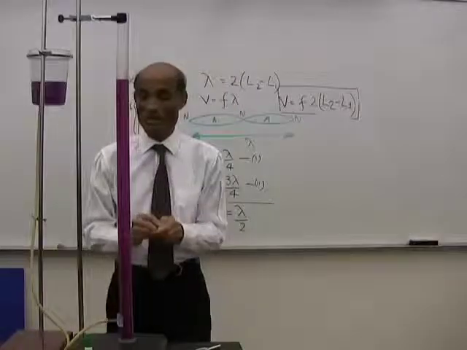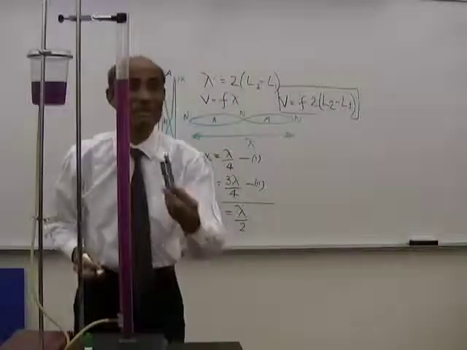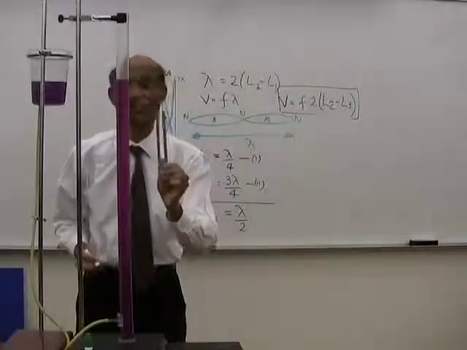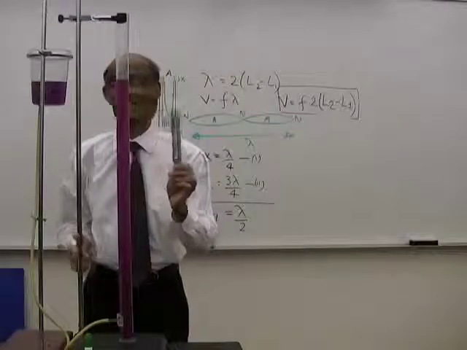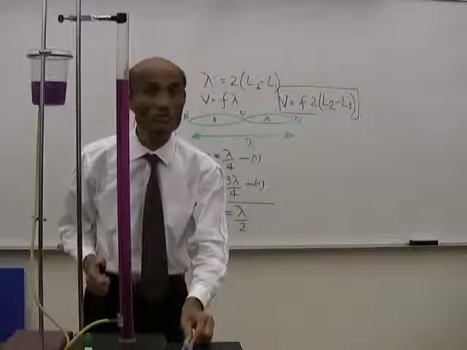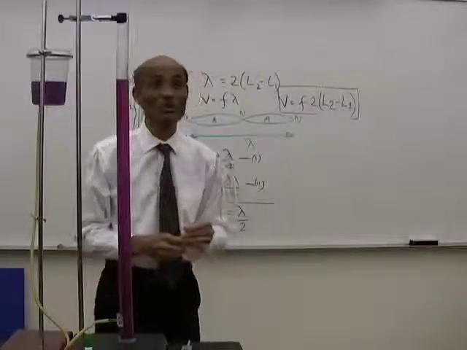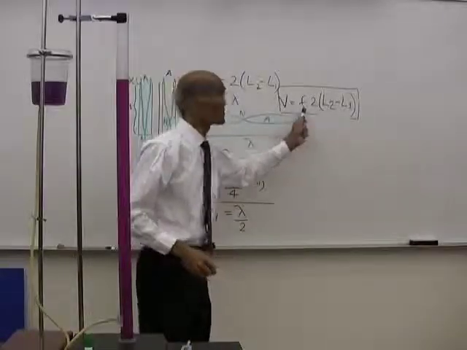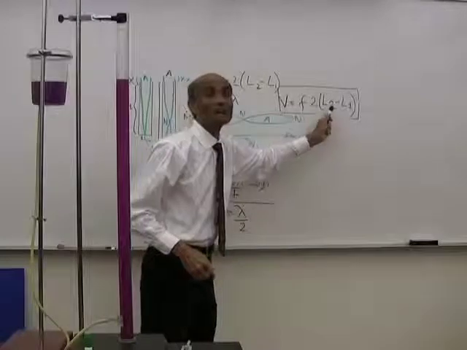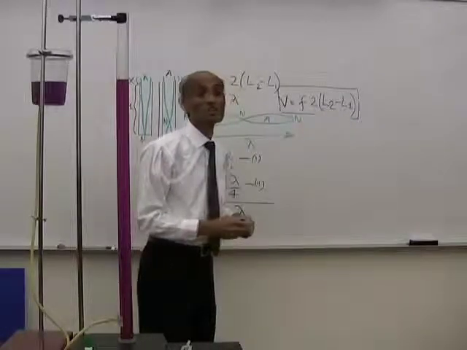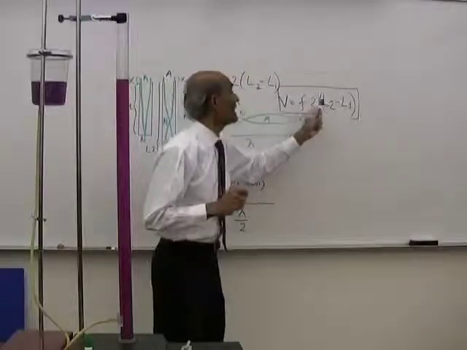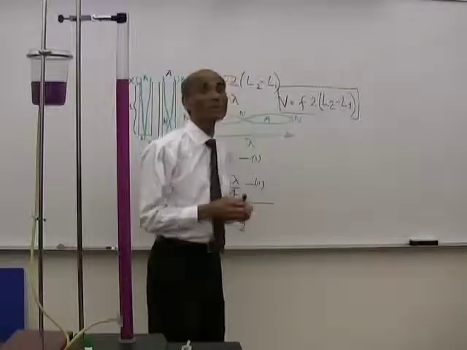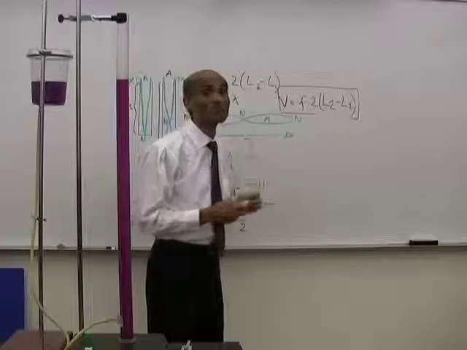So, in the experiment, we will do the experiment for different tuning forks. I have, I think, 7 tuning forks. We will do it for 7 tuning forks. And each time you change the frequency, L2 minus L1 will change. So F is the independent variable, L2 minus L1 is the dependent variable.